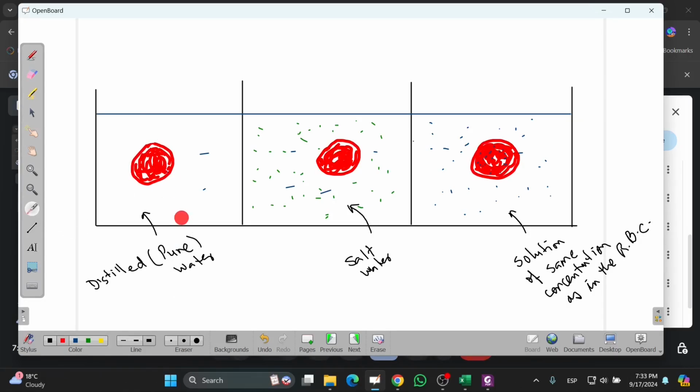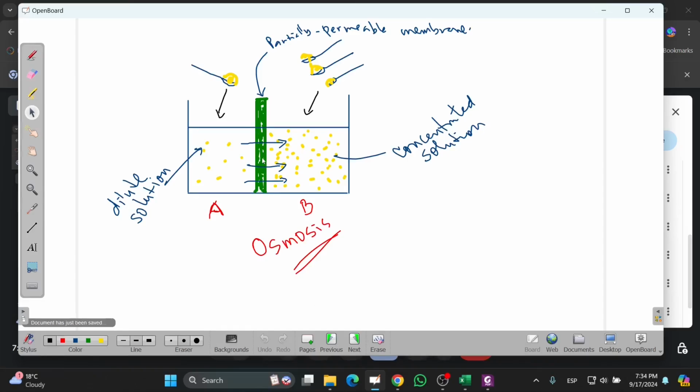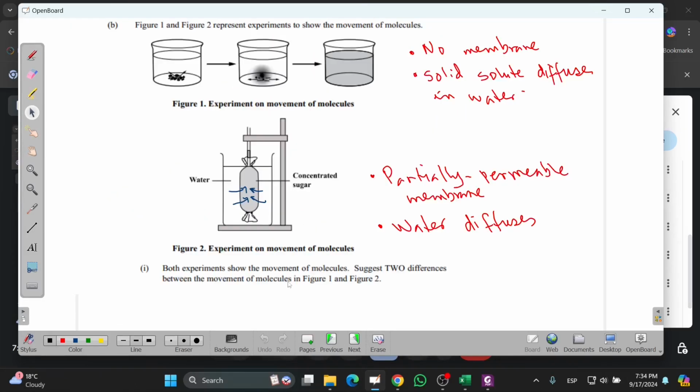Okay, let's say in the first one, you have a cell, there is a solution inside the cell, there is a cell membrane, isn't there? You see, cells have a cell membrane. A cell membrane is a semi-permeable membrane, just like this one, or like this Visking tube, right?